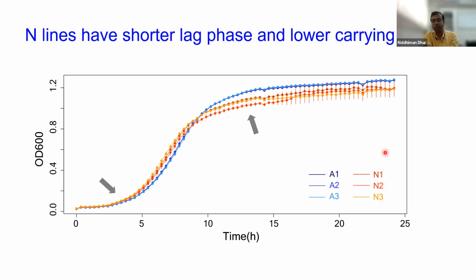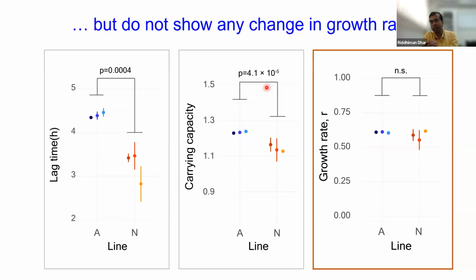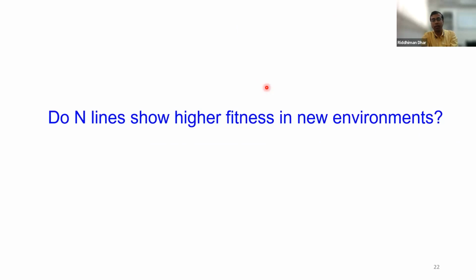This holds for all three lines, N1, N2, N3. We estimated these parameters more carefully based on growth models, and we observe that growth rate does not change, but we observe a decrease in lag time, and also a decrease in the carrying capacity.